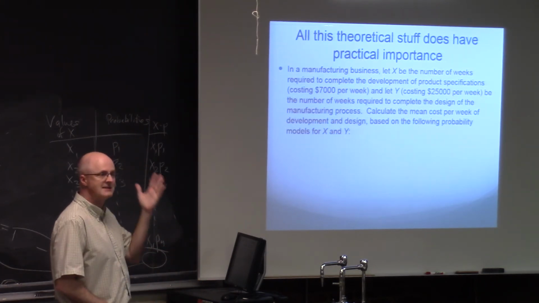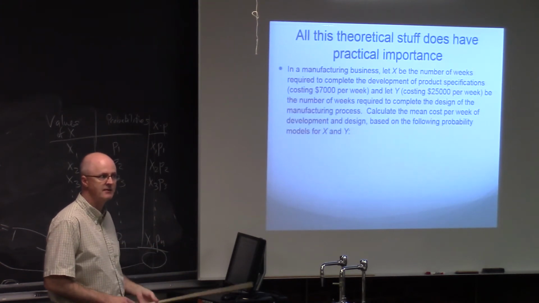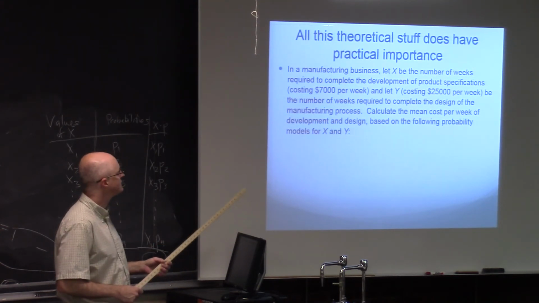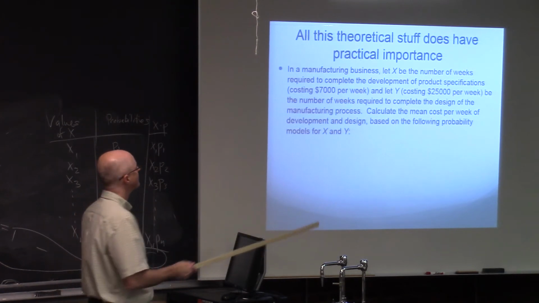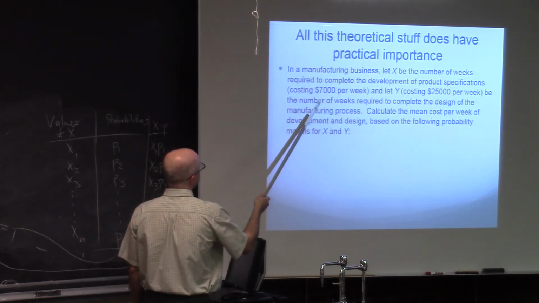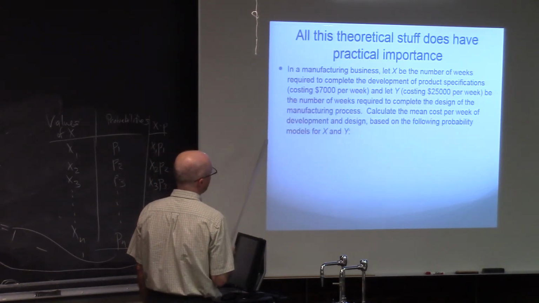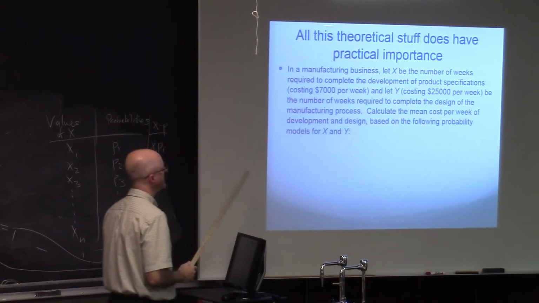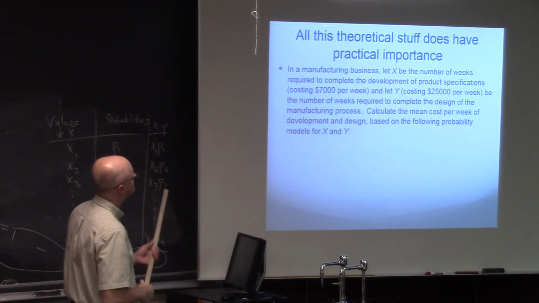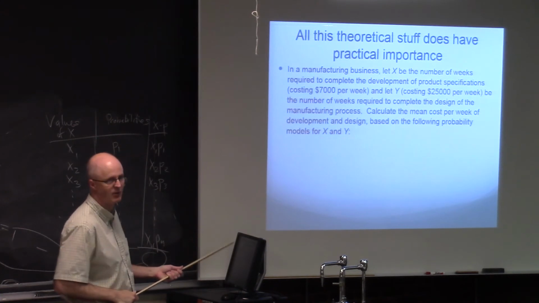There are labor costs and other kinds of costs associated with trying to do these developments in a business. Let's just pretend the cost of developing the product specifications is $7,000 a week, and the cost of designing the manufacturing process is $25,000 a week.